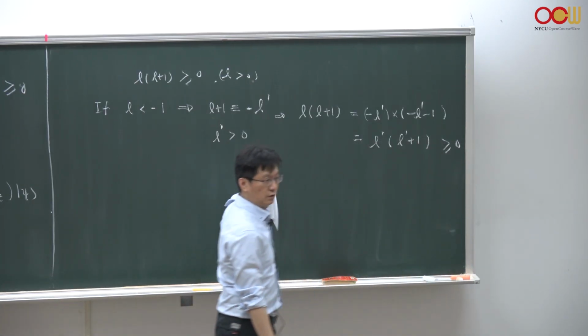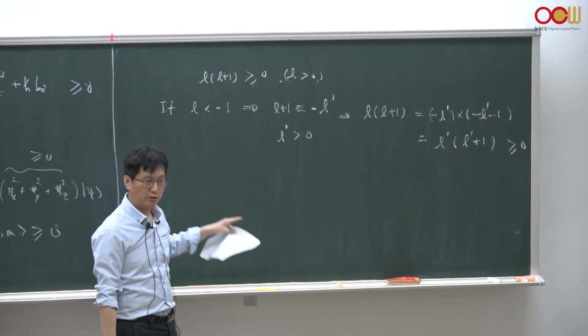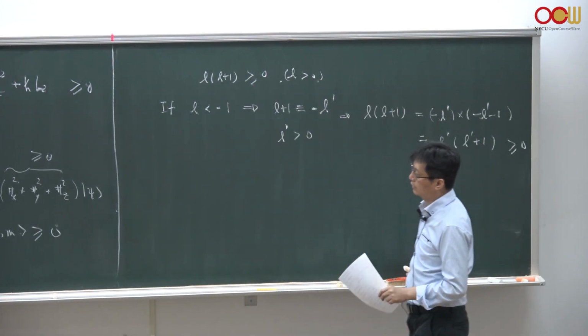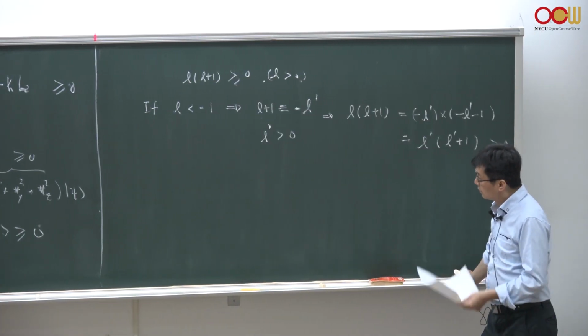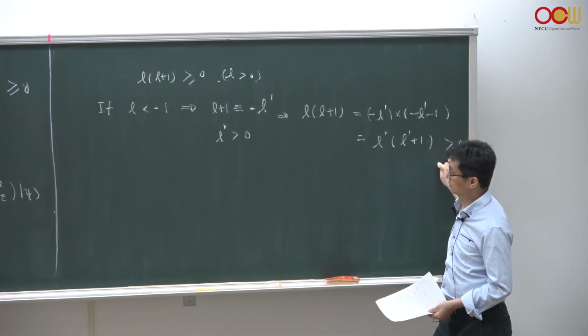And this is a very strong statement saying that l times (l+1), as the eigenvalue of the L squared operator, must be greater than or equal to 0.